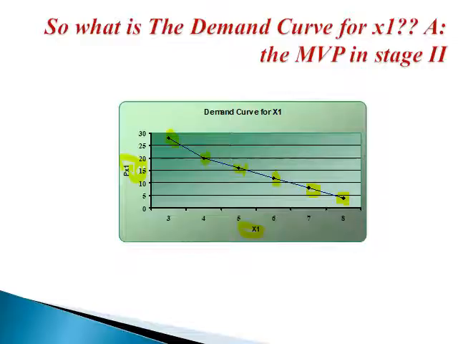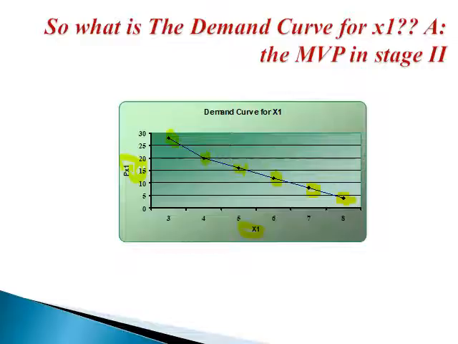Each one of them, this point here, corresponds to a unit price P of x1 of 4. This is P of x1 of 8, and so on as we move from top to bottom.